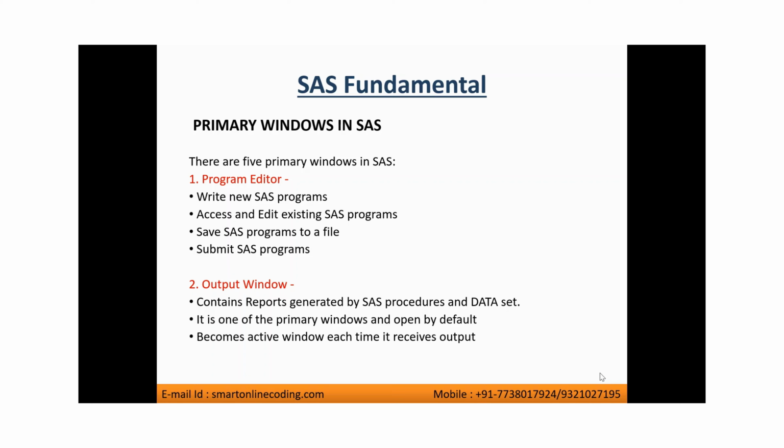It means that collectively this output window will contain the reports you generate. For example, if I asked you in a real-time scenario to generate a report related to demographics of subjects who are enrolled for XYZ drug in your trial, to generate these kinds of reports, you will use a procedure called proc report. We will be covering this further in our course.